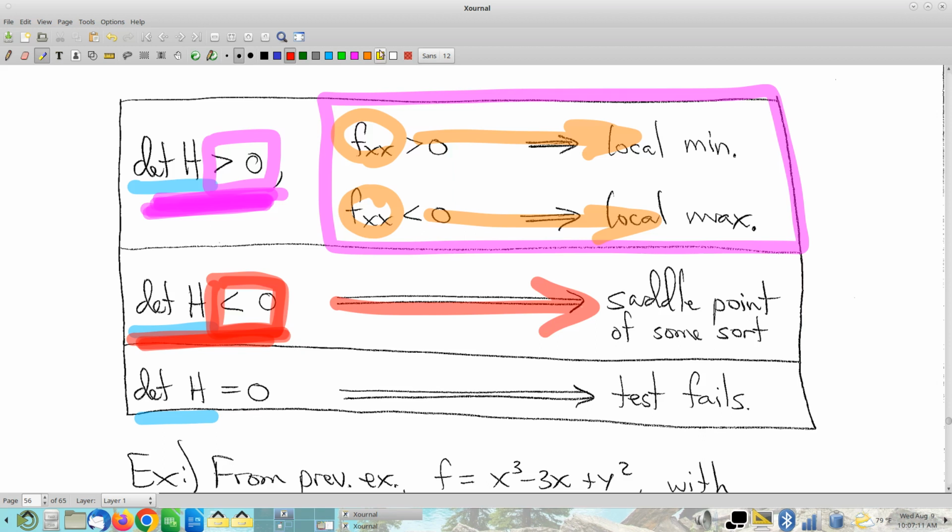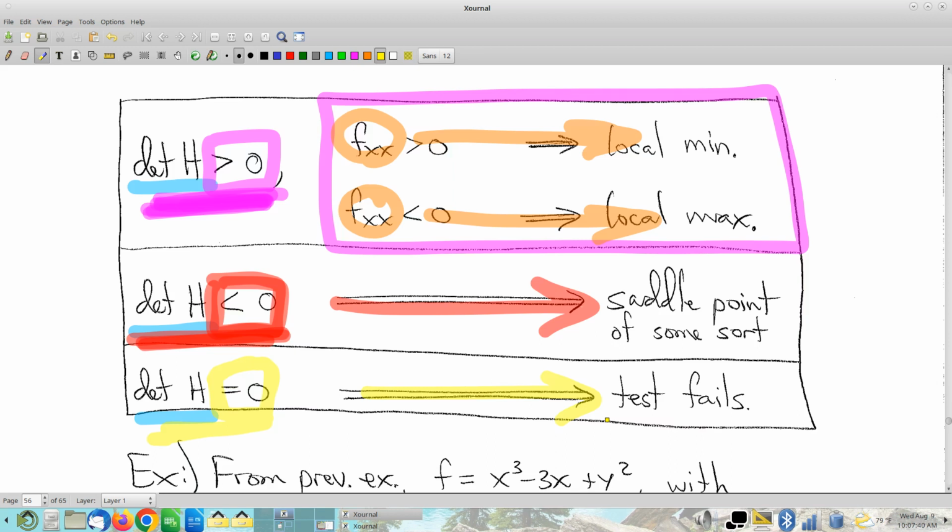Okay. And then, of course, there's a third possibility. The Hessian determinant could be 0. If the Hessian determinant is 0, this is a bad news deal. It means that you're kind of on the edge of different primary possibilities, and a bunch of weird tertiary oddities can come up. And it's not that we can't revise our test to address all of the other, again, various possibilities.